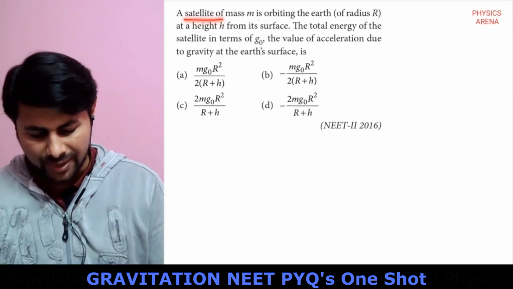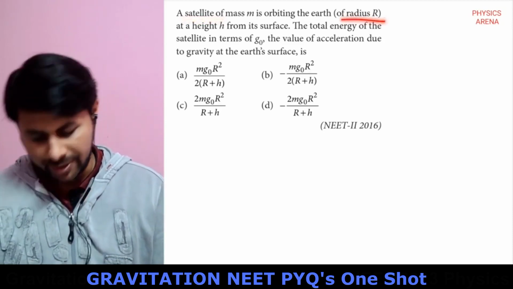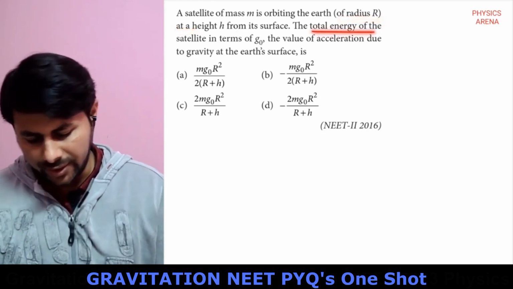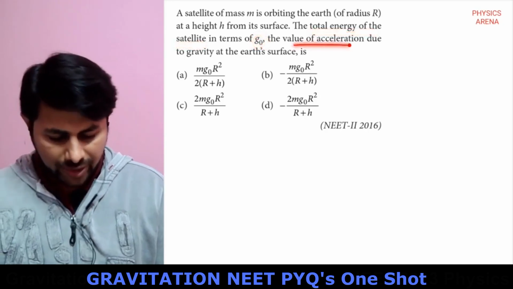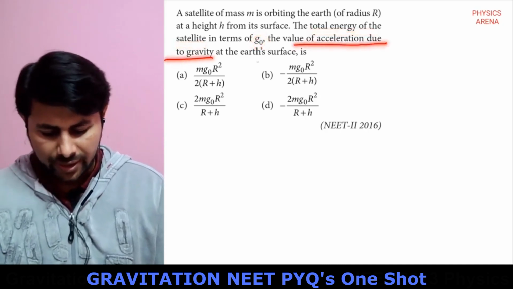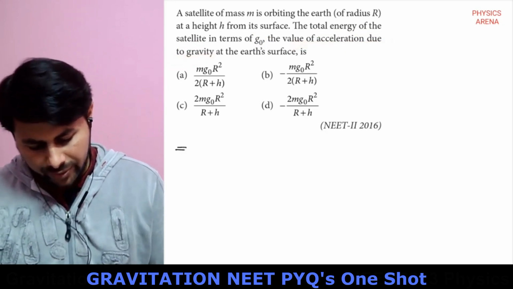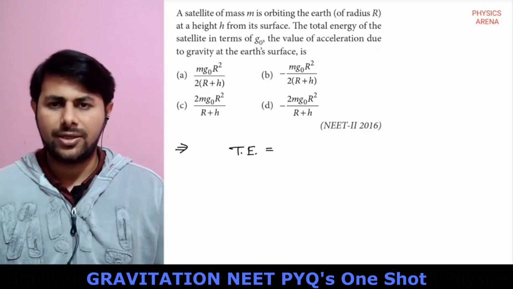A satellite of mass small m is orbiting the Earth of radius capital R at a height h from its surface. The total energy of the satellite in terms of g0, the value of acceleration due to gravity at the Earth's surface, is? All right. So we know the formula for total energy. How much is total energy?